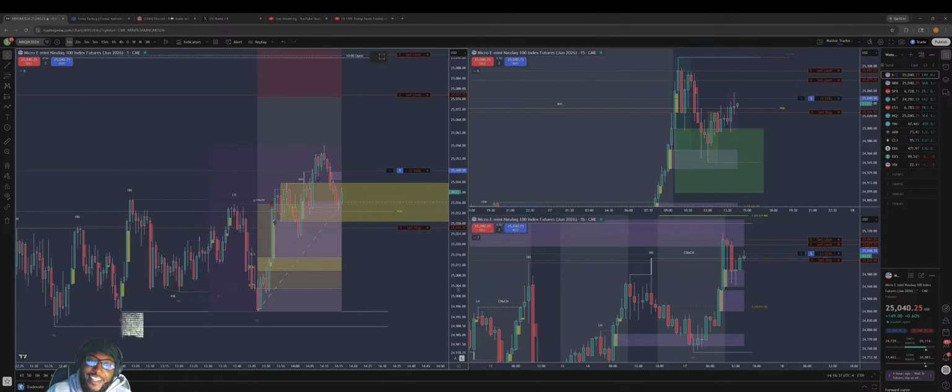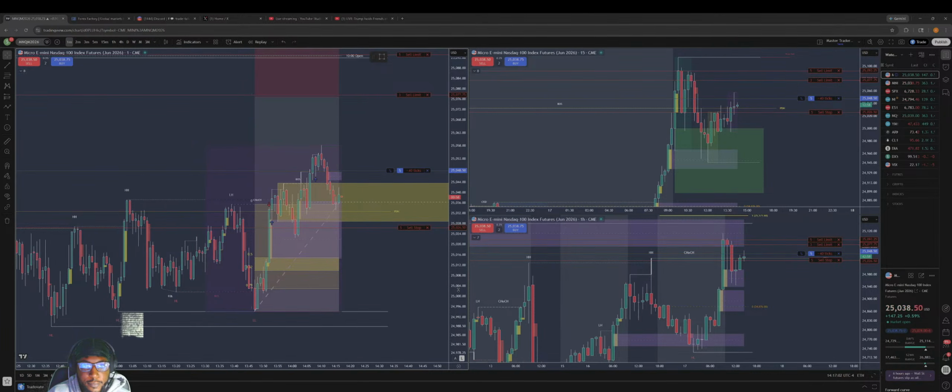They got Trump backing them, so I don't see why we can't make this little move higher right here. The buyers are trying.